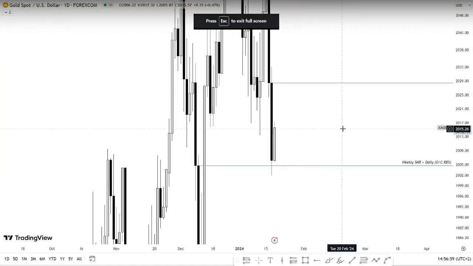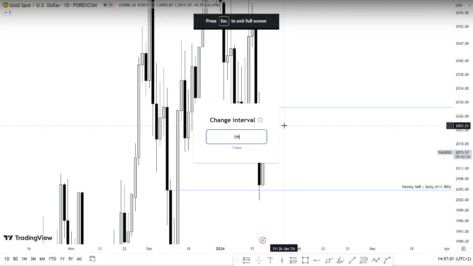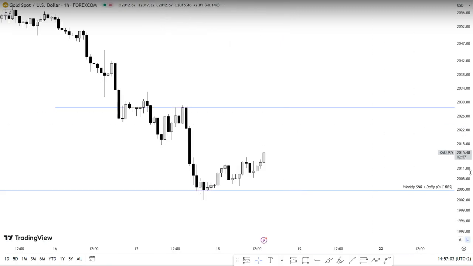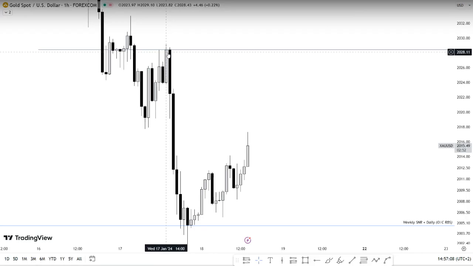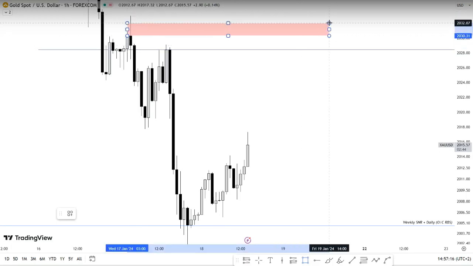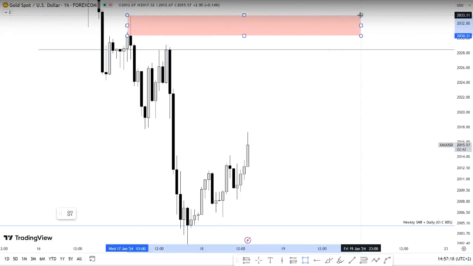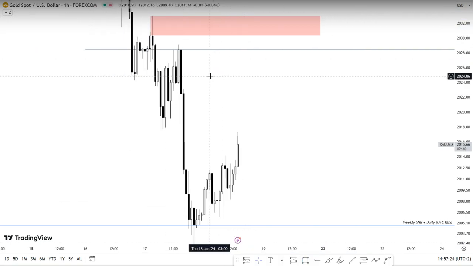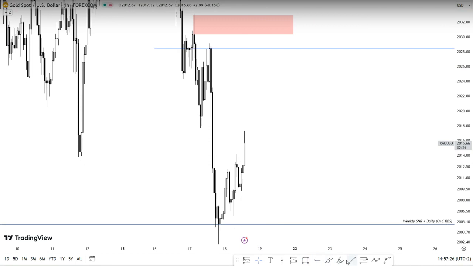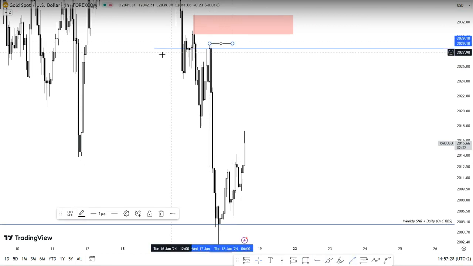And for one reason, this area right here, right? So I'm gonna attempt to see what happens here. We'll just see, guys. We'll just see what happens.